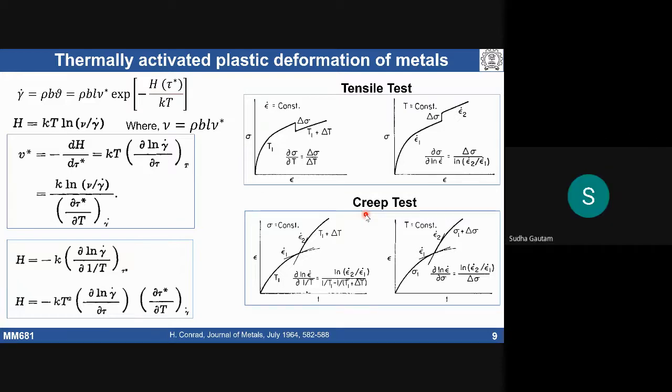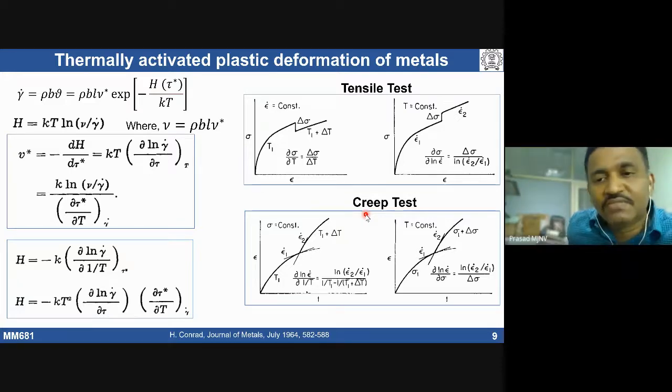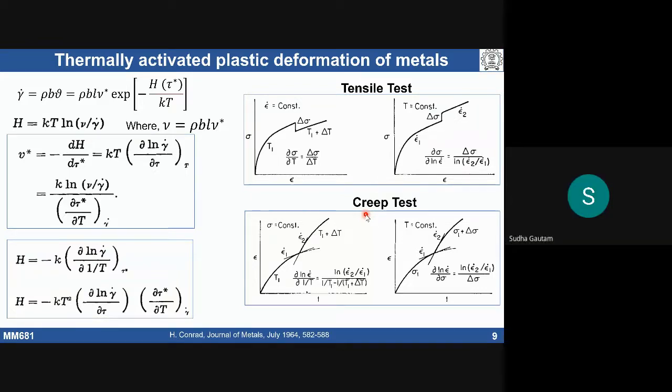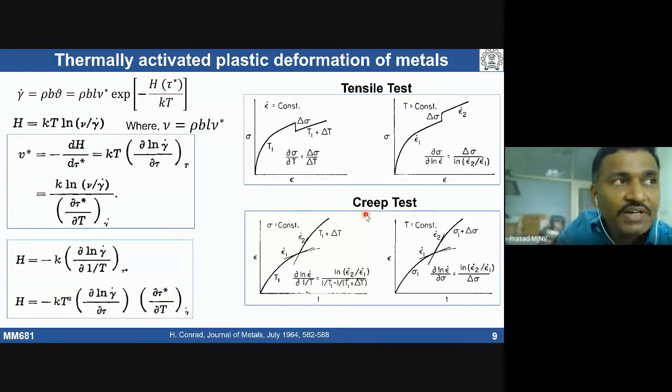Turbine blades, which are subjected to stress and also temperature. Where do you use turbine blades? Aircraft and power plants. Yes, aircraft engines, and also power generation.